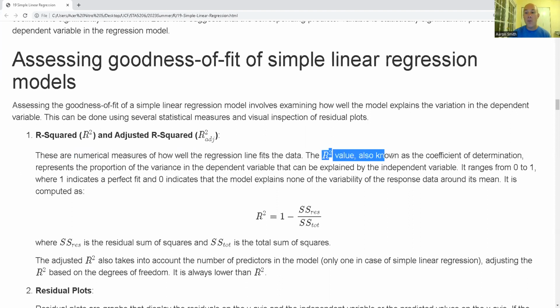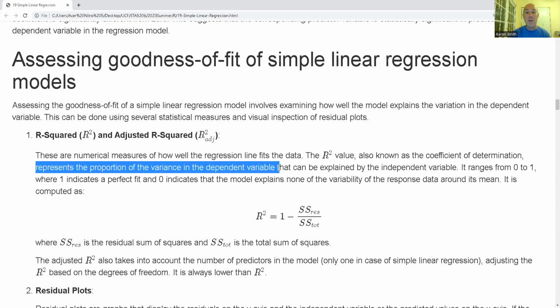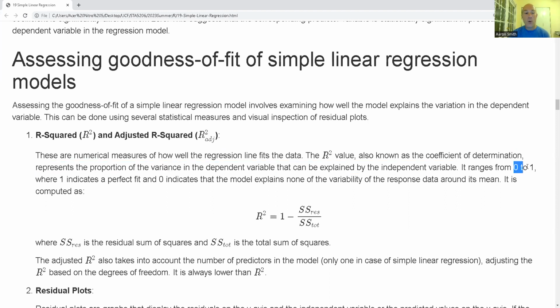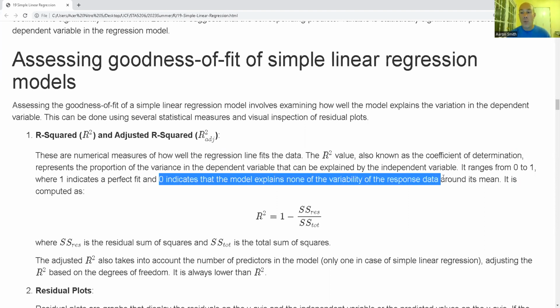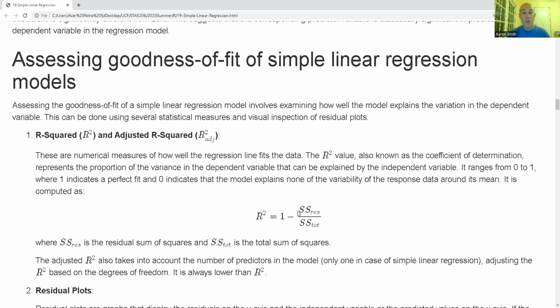The R-squared value, also known as the coefficient of determination, represents the proportion of variance in the dependent variable that can be explained by the independent variable. It ranges from 0 to 1. 1 indicates perfect fit. 0 indicates that the model explains no variability in the response variable. And it's just 1 minus the sum of squares residual divided by the sum of squares total.